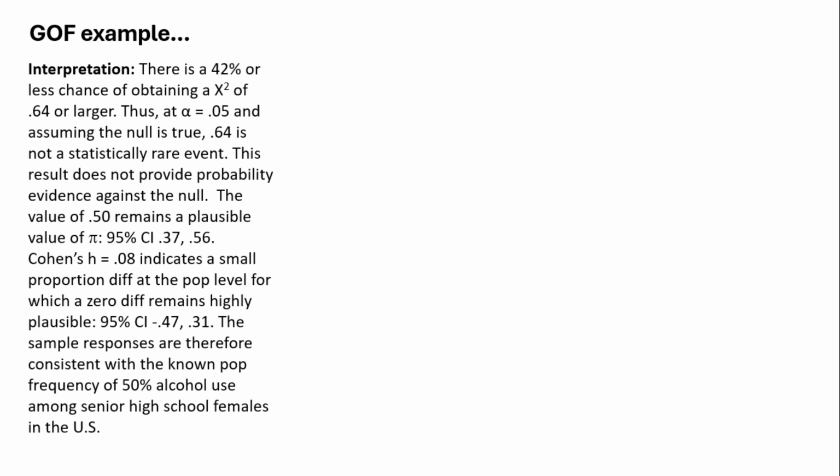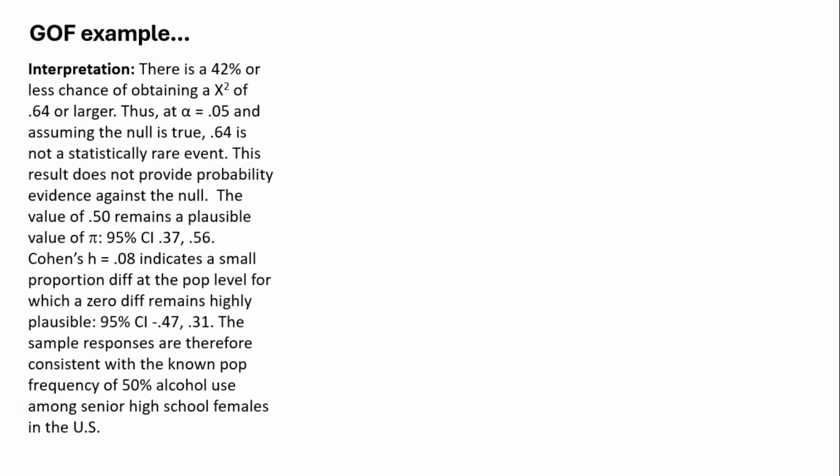So you can conclude, let's say your principal at your school wanted to know this, you would be able to provide them with a lot of evidence that says that the frequency of alcohol use in the senior high school girls at your school is no different than what it is in the United States as a whole.